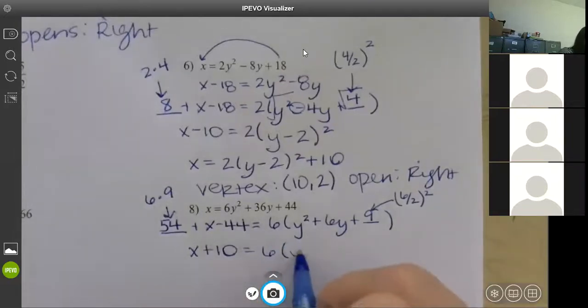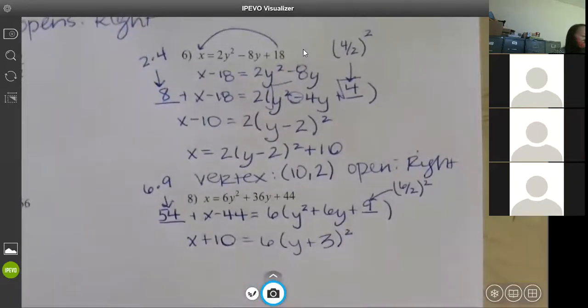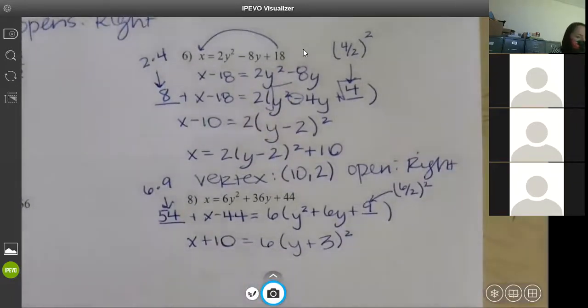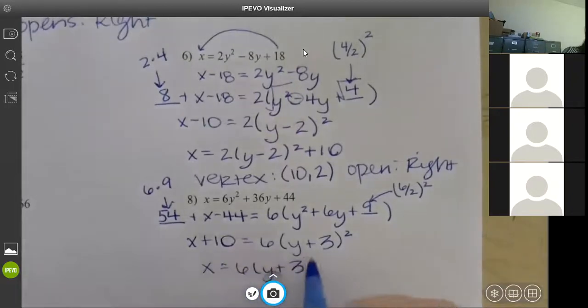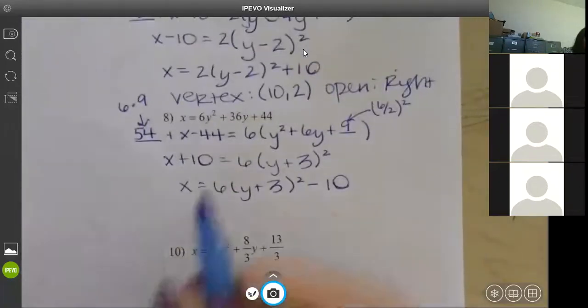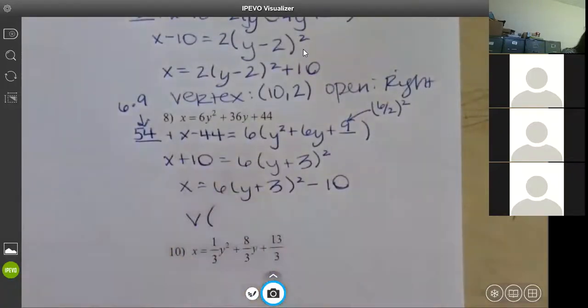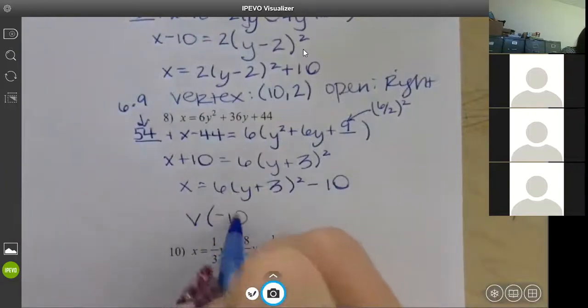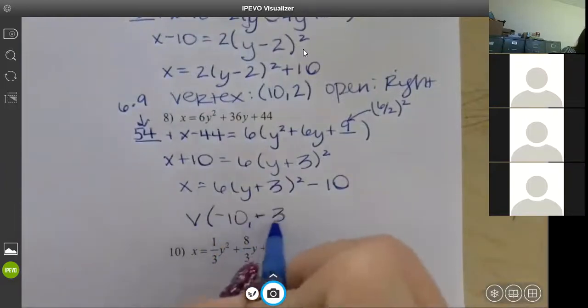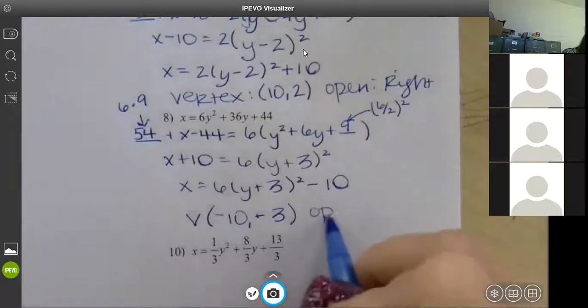All of it. y plus 3 squared. Last step. So x equals 6, y plus 3 squared. Subtract the 10. Perfect. What's your vertex? Negative 10, negative 3. Which way does it open?